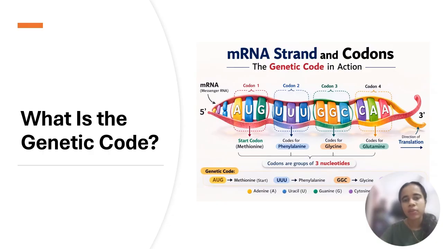As the ribosomes read one codon after another, the amino acids are added in sequence, so it forms a protein. In this way, the genetic code converts a simple nucleotide sequence, made of just four nucleotides, into a functional protein, a functional molecule, right?